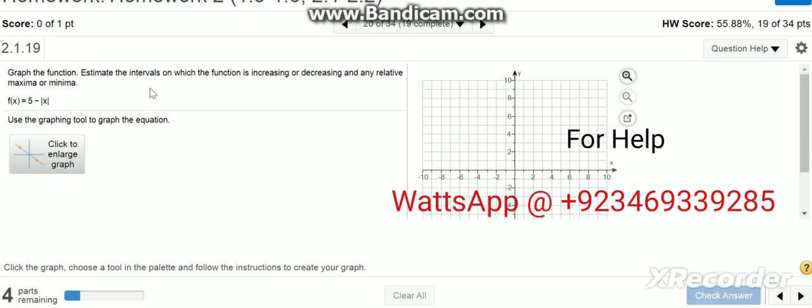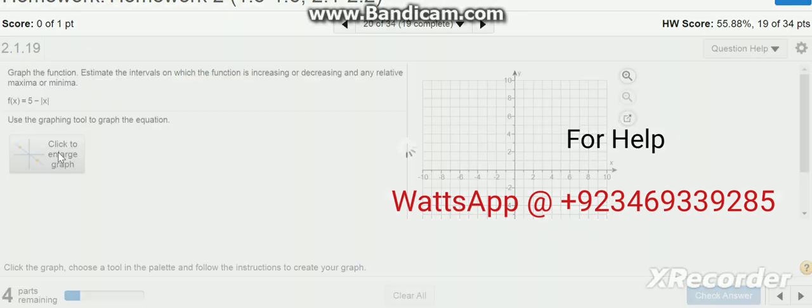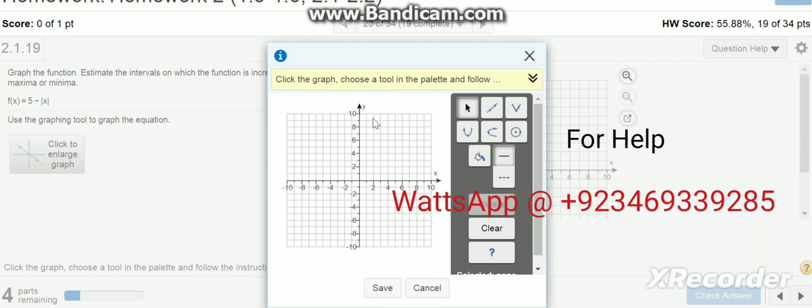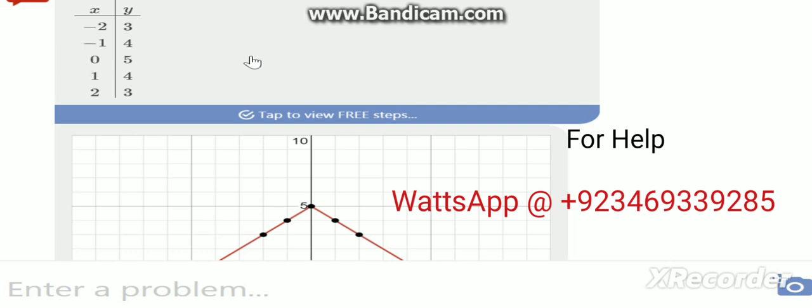Graph the function, estimate the interval. We will have to just plot the graph. Yeah, we'll click it to enlarge the graph. 5 minus mod x. We will make a table by putting values of x and y. So when we put x in the expression, it gives 3 minus 2 into 3.